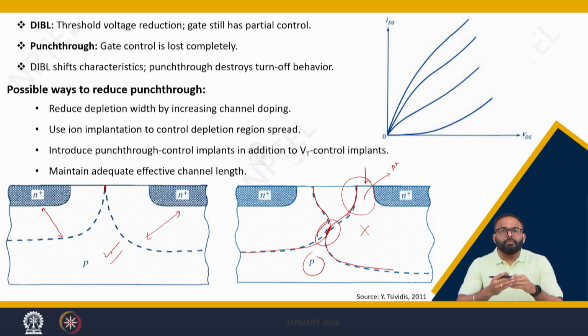Now, if we want to compare DIBL and punch through, we can simply say that DIBL causes a reduction in threshold voltage, however, the gate still has partial control, whereas in punch through the gate completely loses its control, and if we plot the current voltage characteristic, you will see some abnormal behavior.